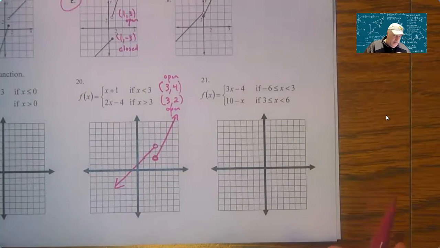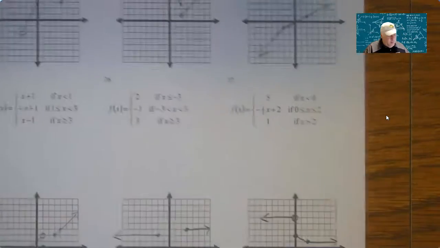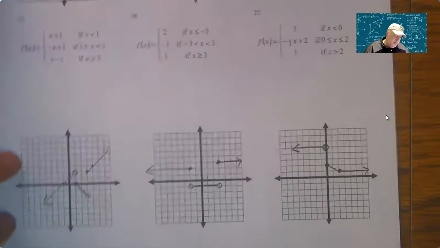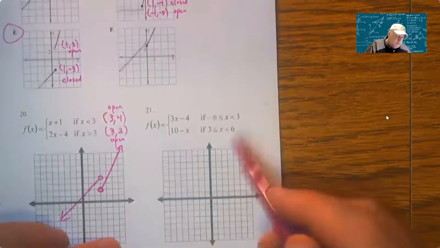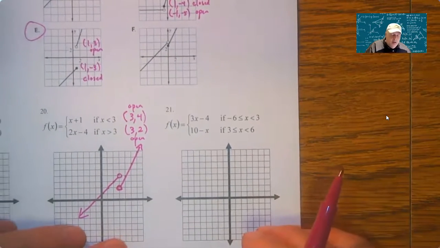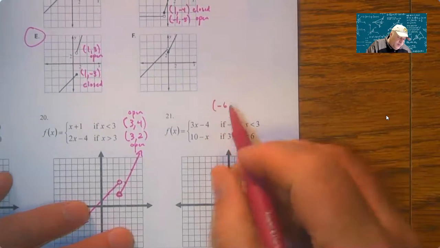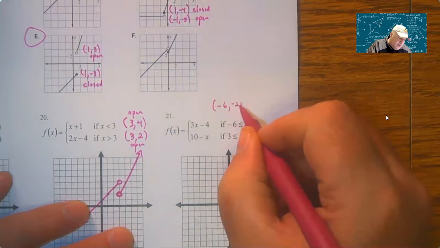All right, so on 21, you see, and I don't think we're going to have one like this, but I'll just do it to do it, and then I'll do some on these other pages, one each maybe. So you notice that you have kind of 1, 2, 3 cut points here. So we have to do those. So (-6, -18 minus 4, ooh, -22).